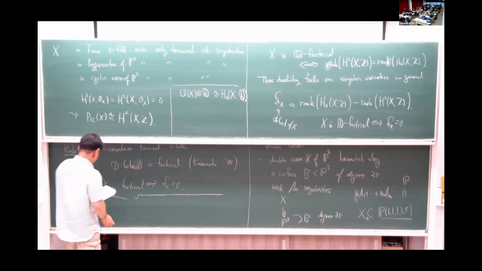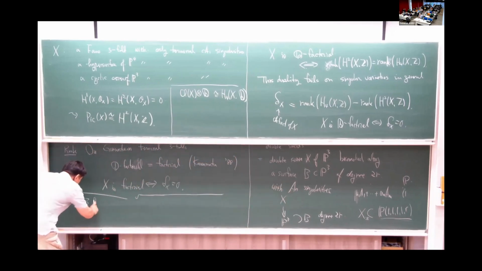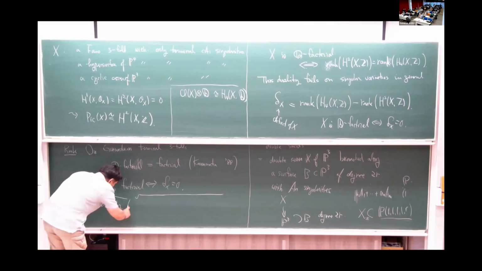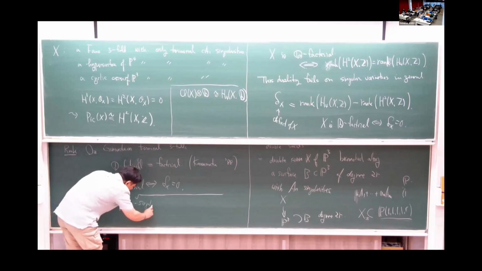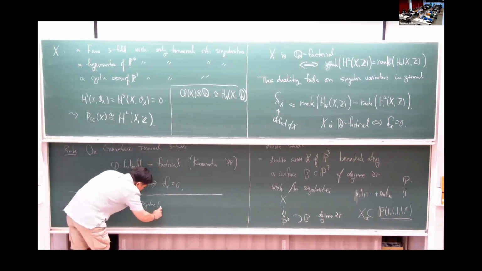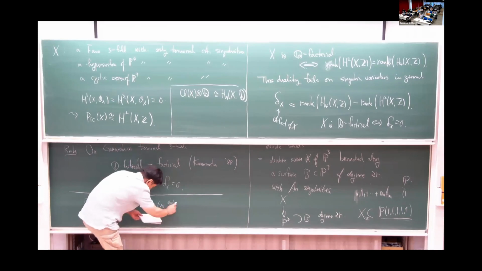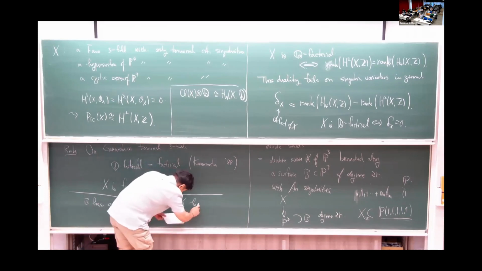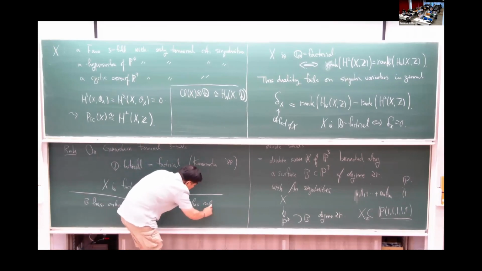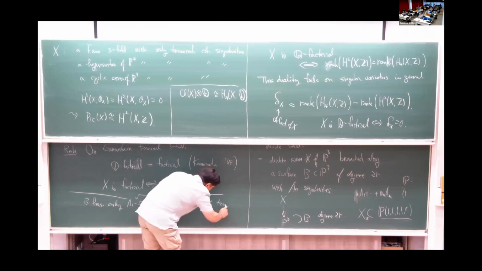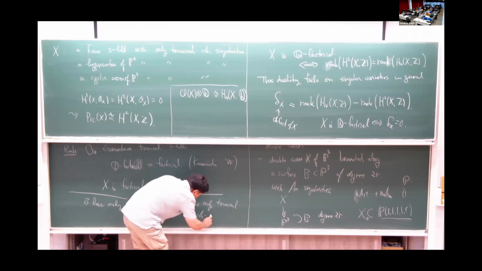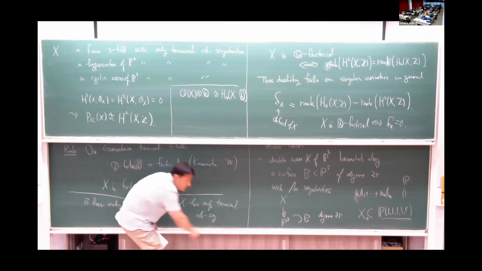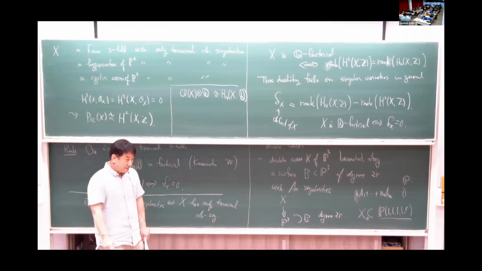In fact, B has only A_n singularities if and only if X has only terminal CA1 singularities. Don't write an equation and add one more square.